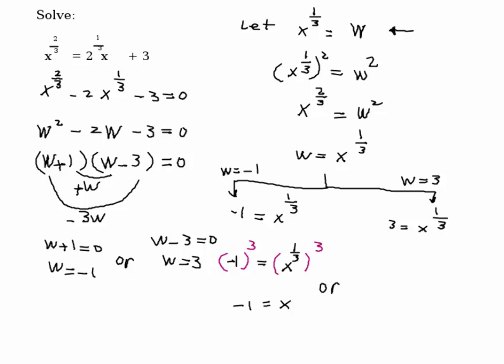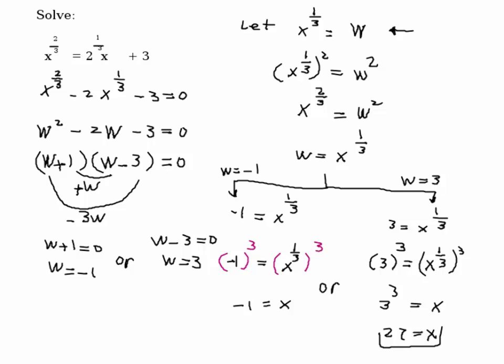Do the same thing with the other side. If I raise the left-hand side to the power of 3 and the right-hand side to the power of 3, what do I get for x? 3 to the power of 3, which is 27. So x equal to 27.